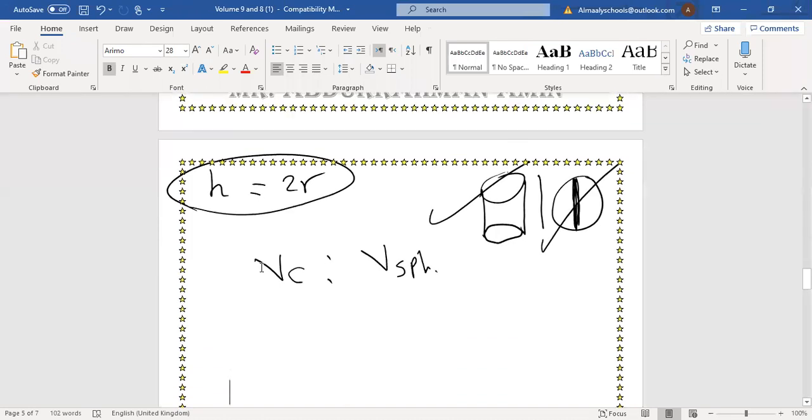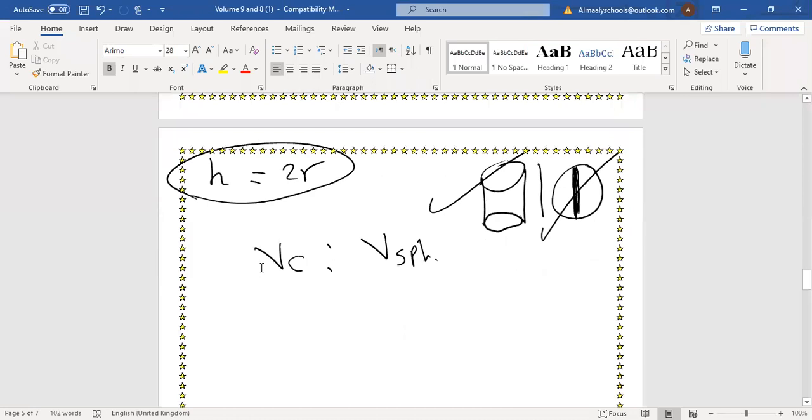Very good. Ahmed, do you remember how to calculate the volume of the cylinder? Yes. Volume of cylinder equals pi r square multiplied by height. Very good. So it will be the area of the base, pi r square, multiplied by the perpendicular height h.